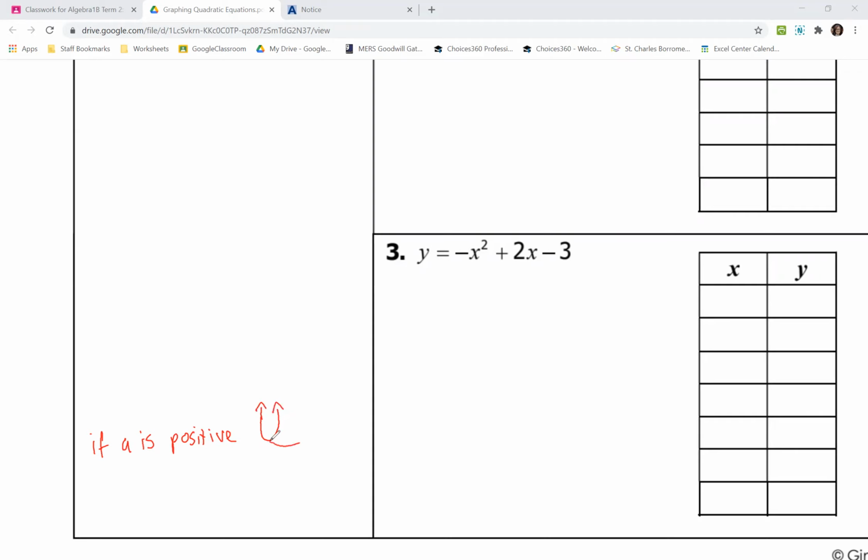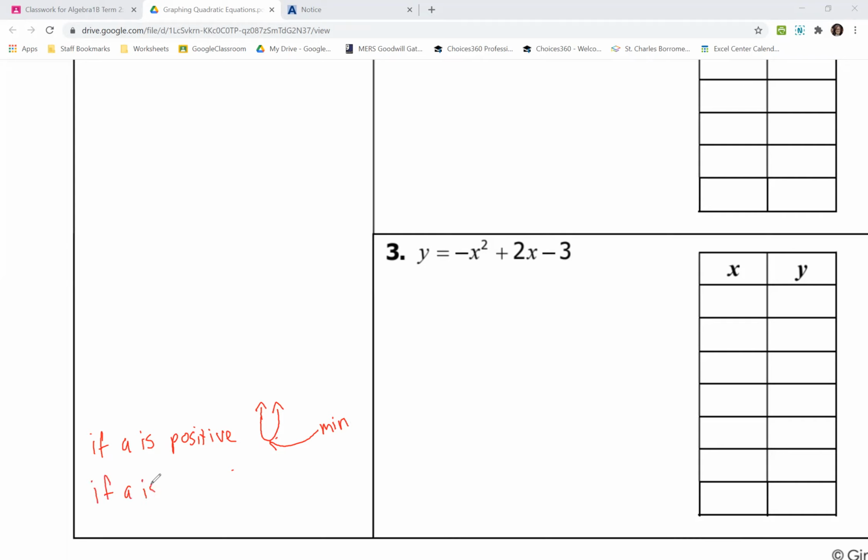And so I also want to indicate to you that this point will be a minimum, okay? Because in our Alex assignment, they're going to ask you, does the quadratic have a maximum or a minimum? And so the easiest way to look at that is see, hey, is my A positive? If it's positive, then my parabola has a minimum point.